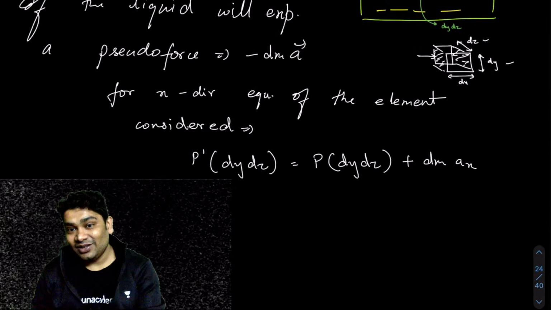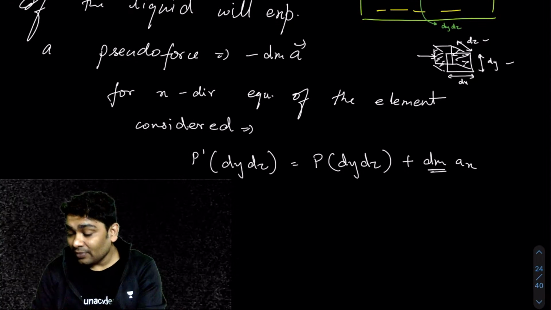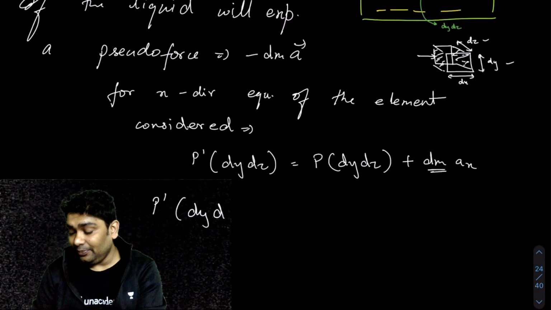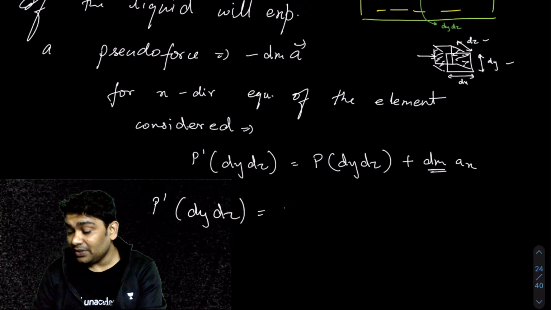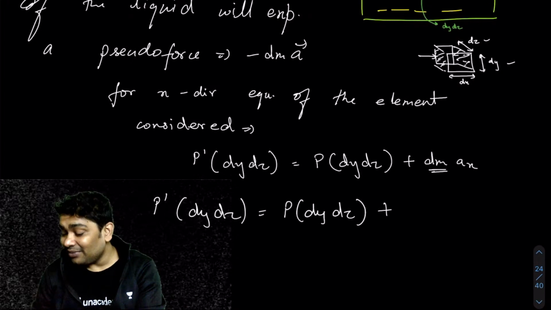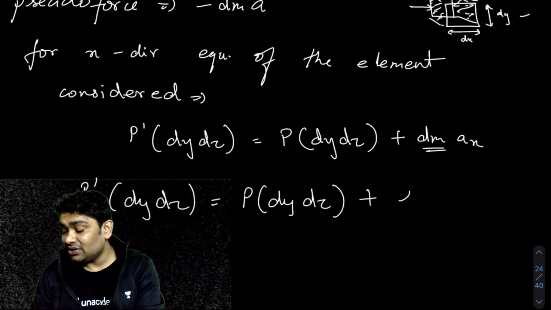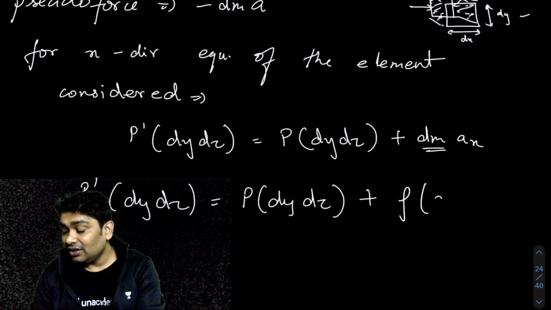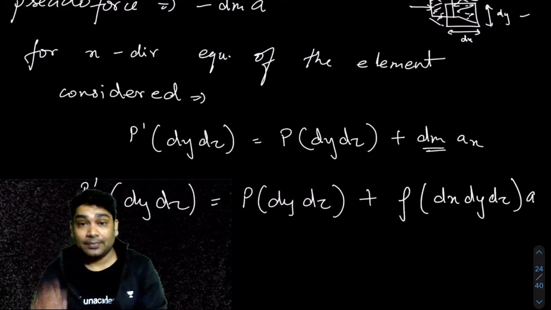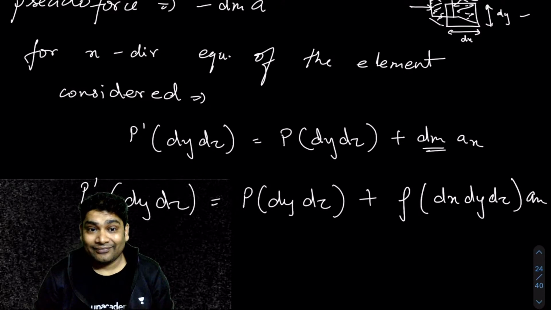Okay, so again what I can write is dm, I can write p dash dy dz plus p dy dz times a, and mass can be written again as rho times the volume, which is dx dy dz. Okay, correct.